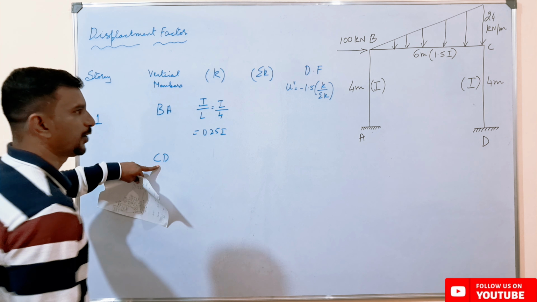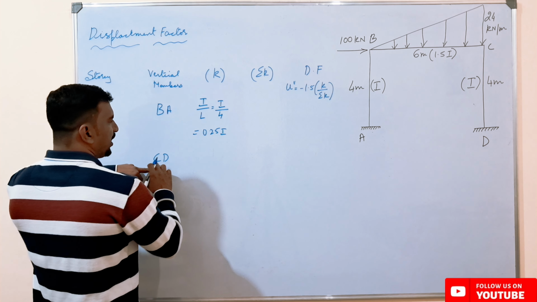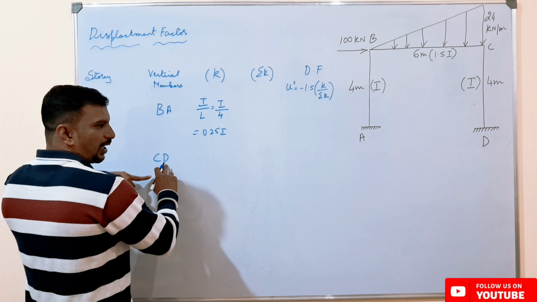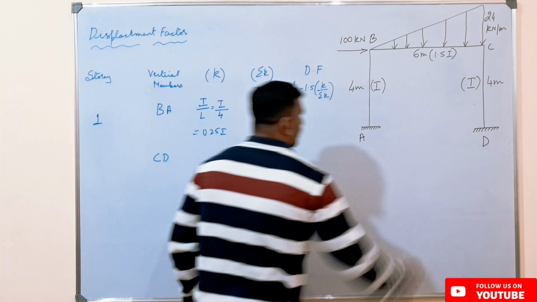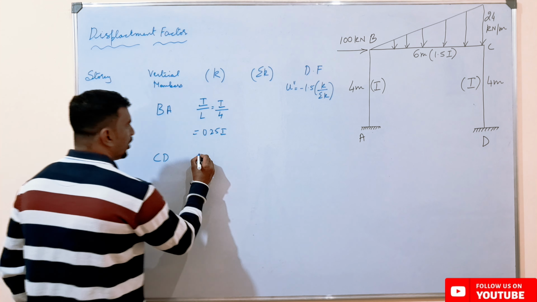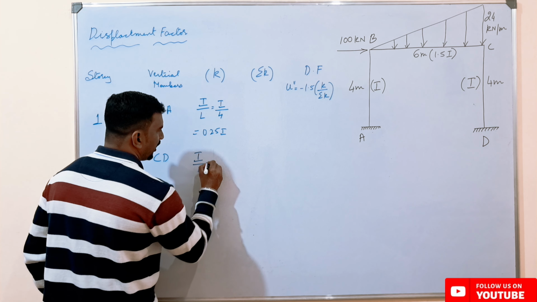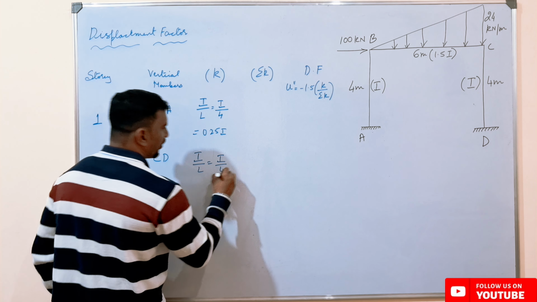So similarly for C to D, since C is the near end and D is the far end, and the far end is fixed in nature here, we are having the value of I upon L. So this will be I by 4.